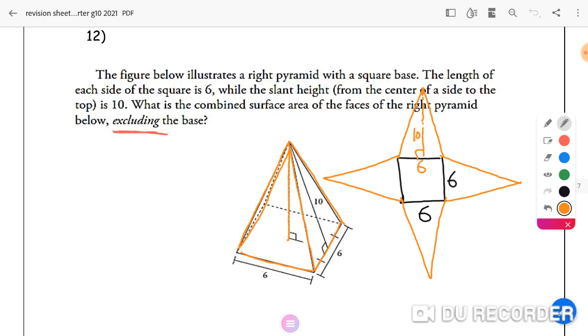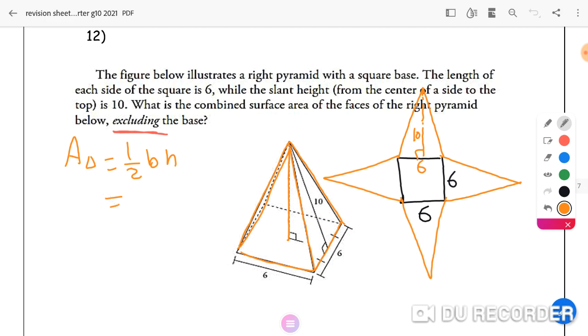And this is required. So the area that we need to find out is simply the sum of the areas of all these identical triangles. So simply you can find out the area of one triangle. So the area of a triangle simply equals half times base times height.